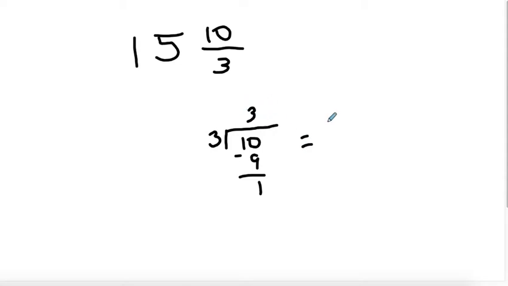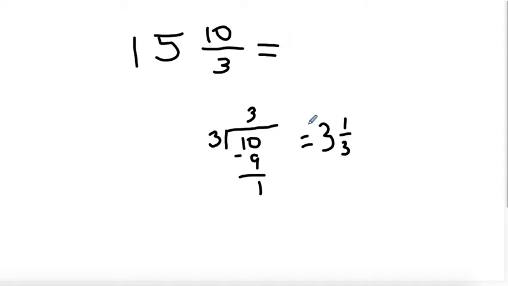So my answer up here becomes my whole number. My remainder is my numerator. And my divisor out here is my denominator. 3 1/3. Same as if you counted by threes, okay? 3, 6, 9, you have 3 wholes with 1 left over.